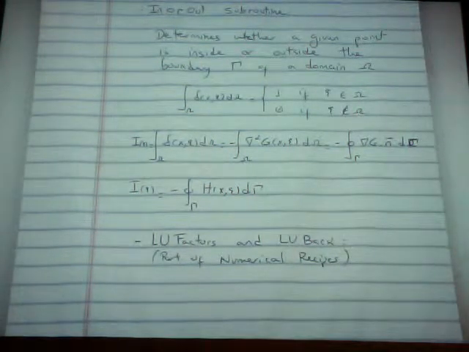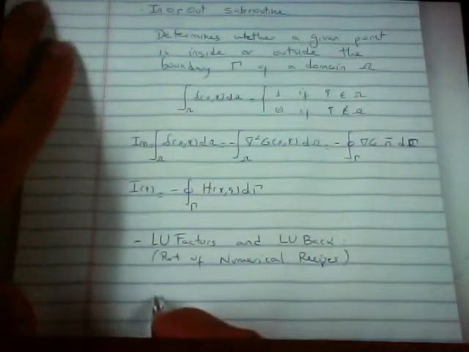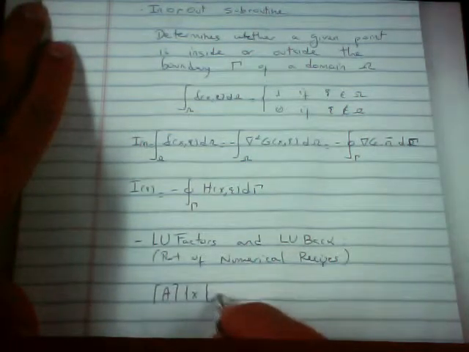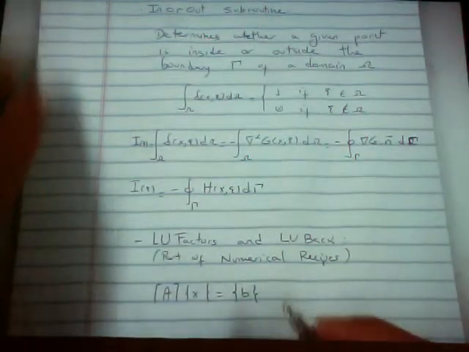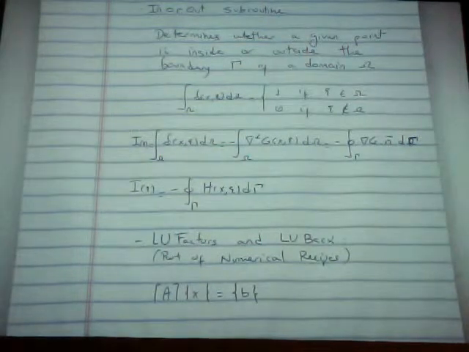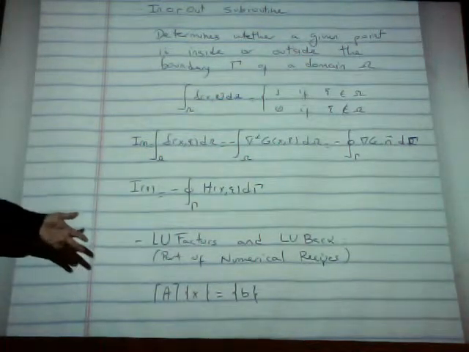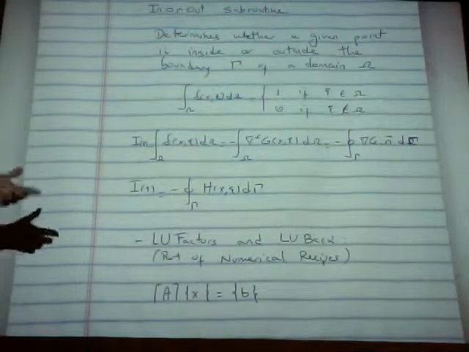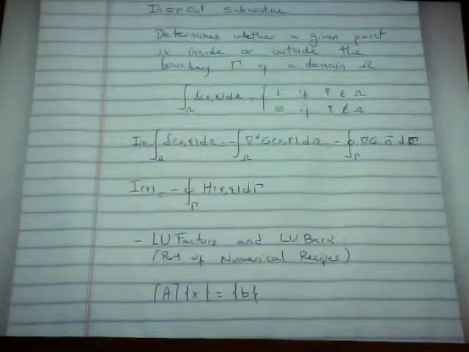It's just to solve a system of equations. If you have AX equals B, you can solve it by inversion, inverting matrix A, which is very inefficient and also very inaccurate because it has a lot of round-off accumulation. You can also do Gaussian elimination, Gauss-Seidel, and all other indirect methods.